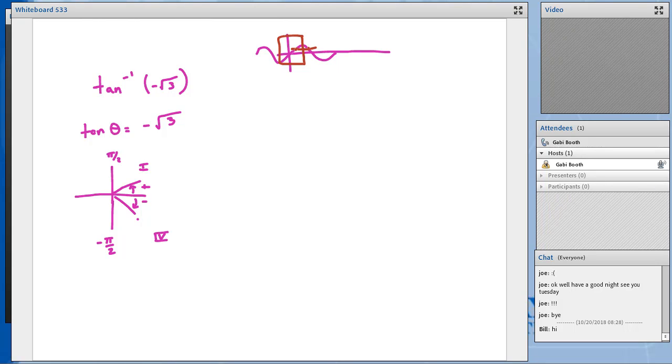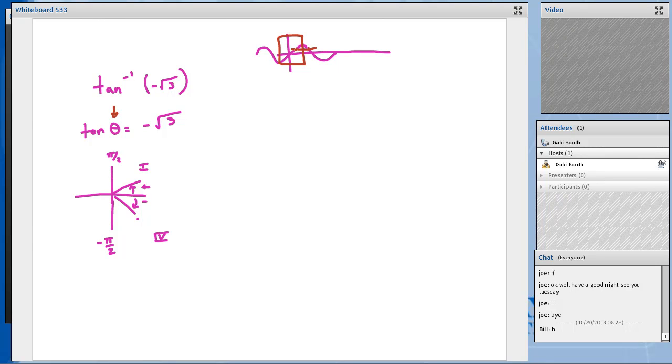So one of the problems in 10.4 is finding the inverse tangent of negative square root of 3. Now again, what you're trying to find is the angle for which the tangent is equal to the negative square root of 3.